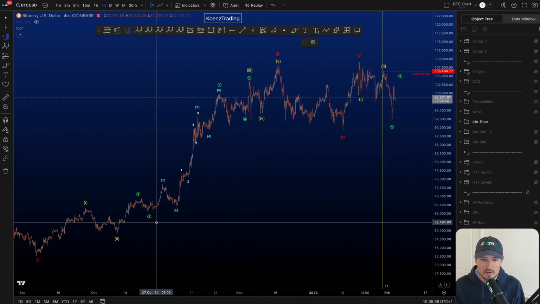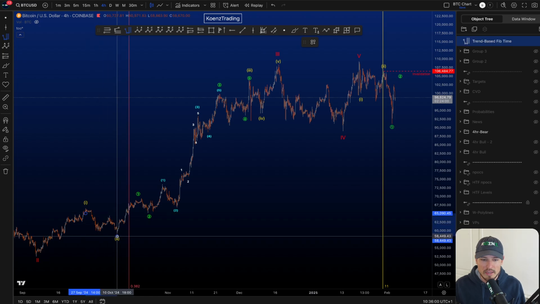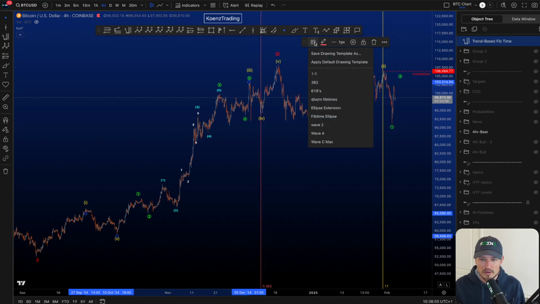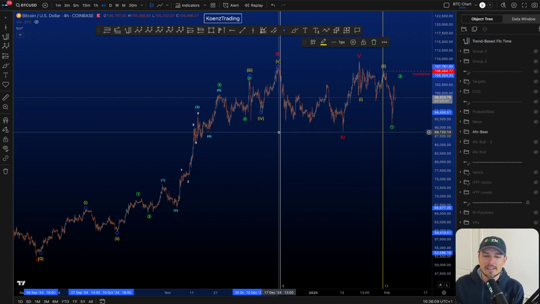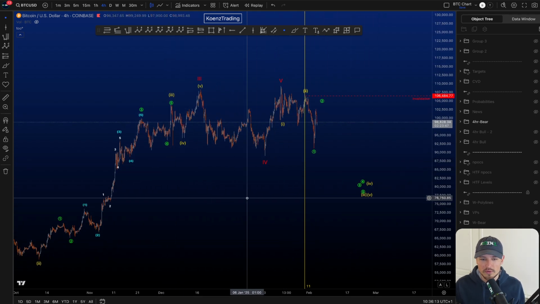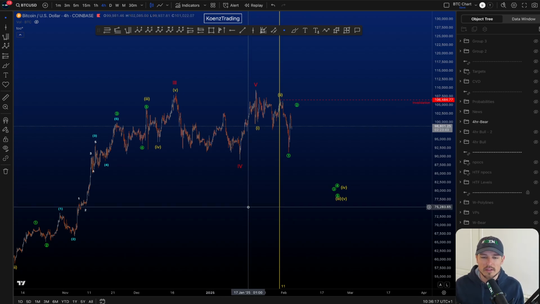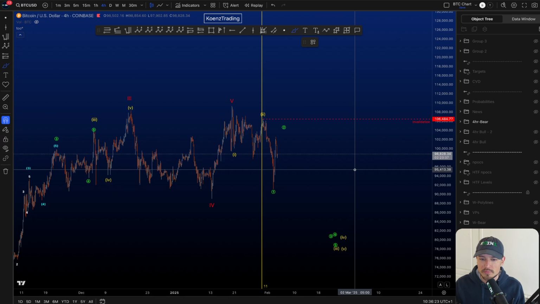For example, if we look at the yellow count here, then you take a fib time from the start to the end of yellow 2 to then the end over here of your yellow 3, toggle on the 1-to-1, and you can see that this wave 4 here is significantly shorter in time than wave 2, which lowers the probabilities. It's not the only wave 4 where that happened. So the probabilities are just not as high for this scenario, and also this scenario ended in January, not between March and October as preferred.